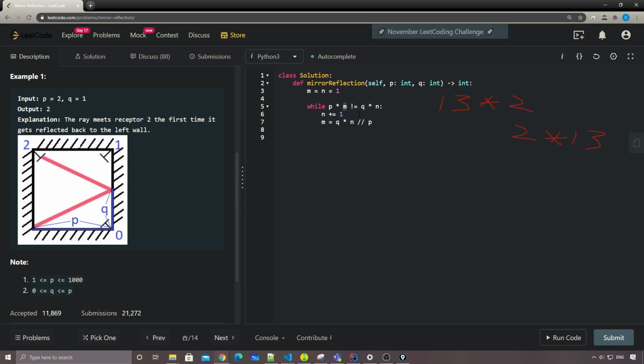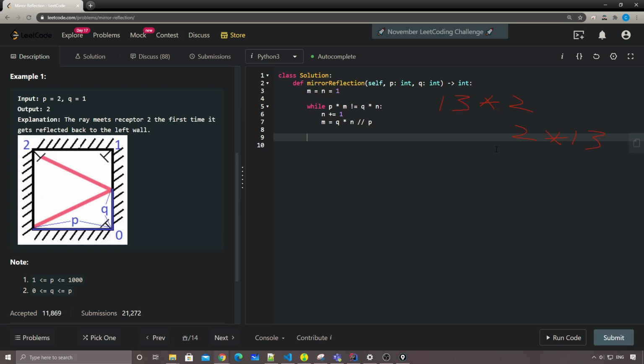And the way we're calculating is we're trying to increase n, because n should always be greater than m, because q is smaller than p. Every time we increase n here, we get m by doing this, right?